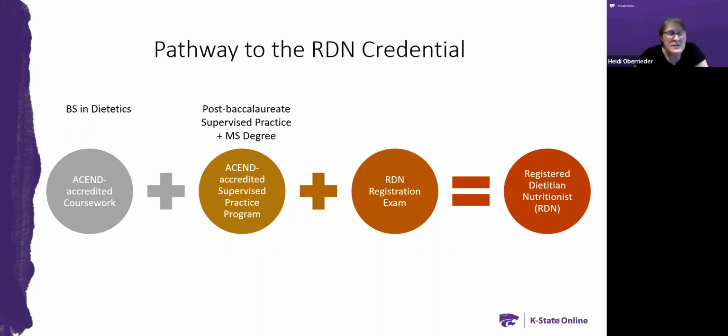K-State did not decide to do this, but we could have started an ISPP, as we call it. It would mean I, as the DPD director, would oversee the DPD, but I would also oversee an internship, these ISPP internship slots.